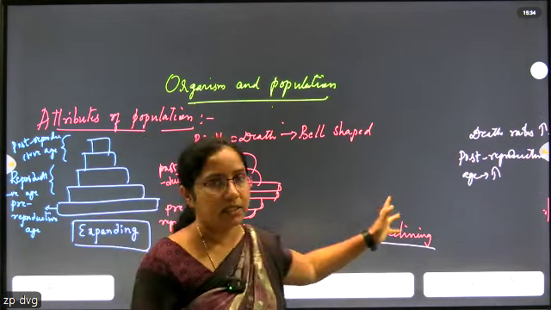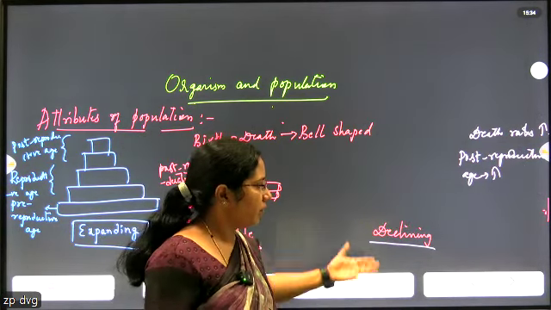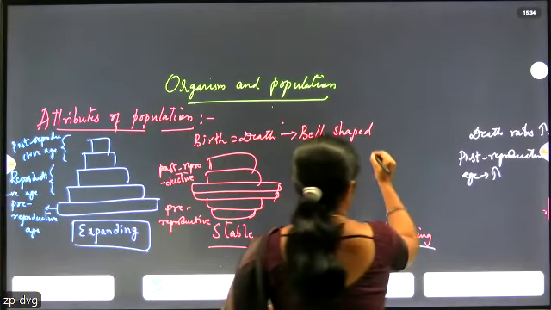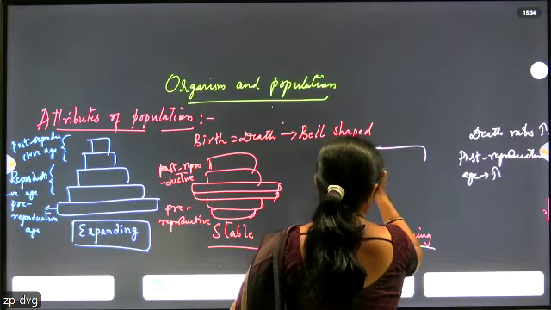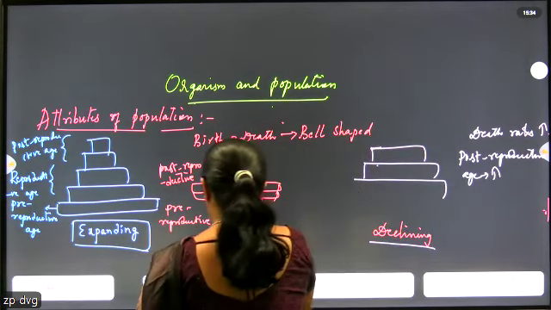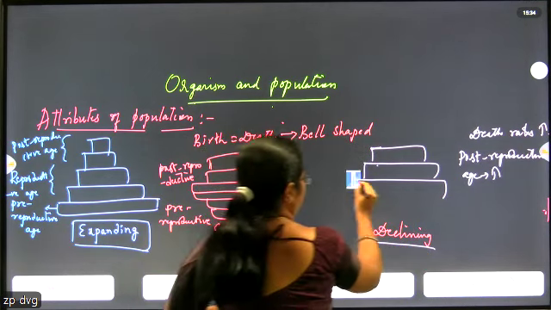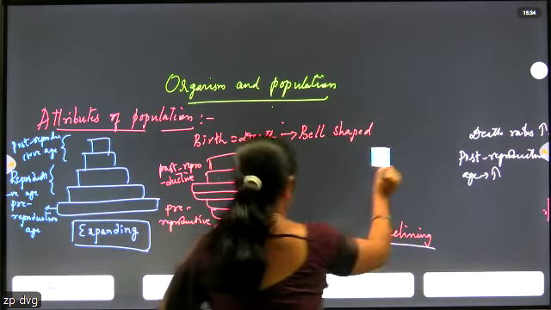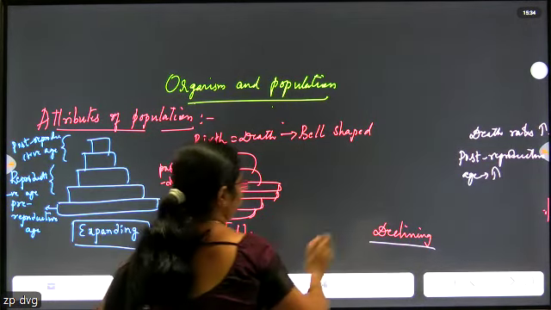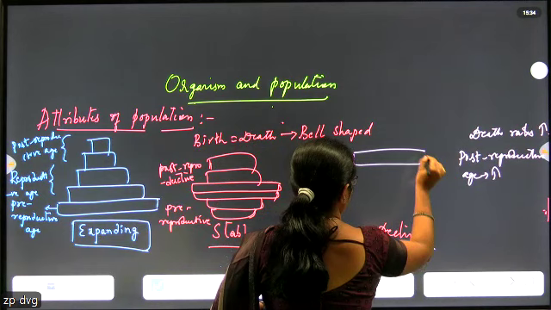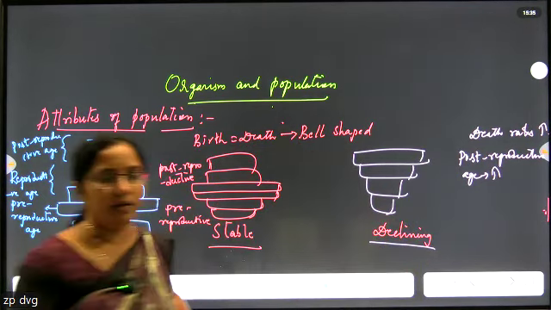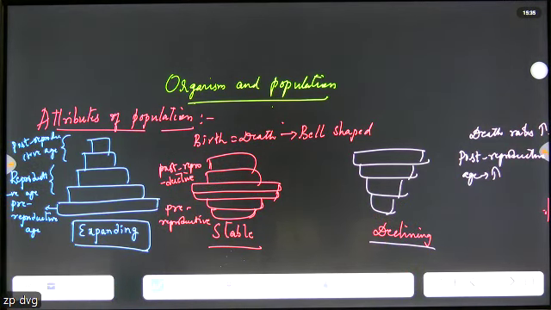A country with less population will always show the declining type of pyramid. Here we can observe the graph like this. So the declining type of population can be observed.